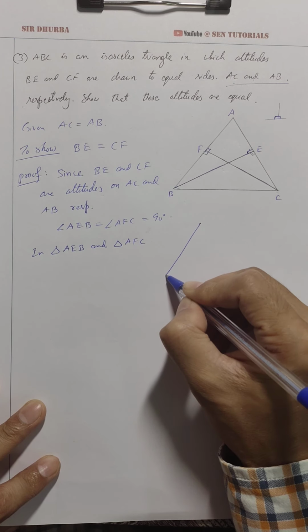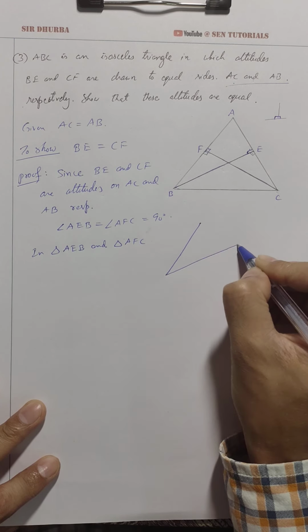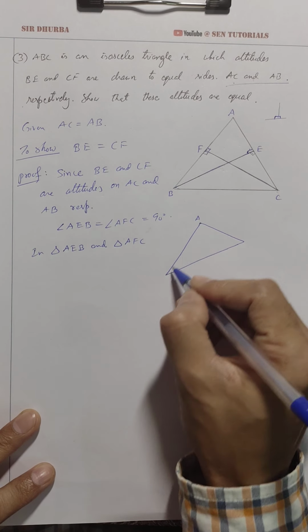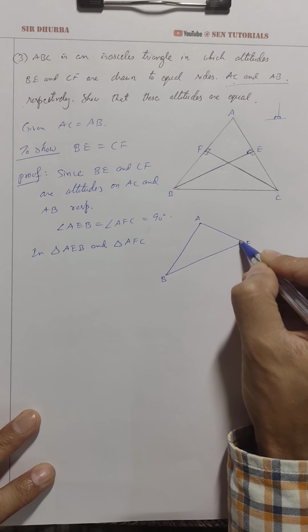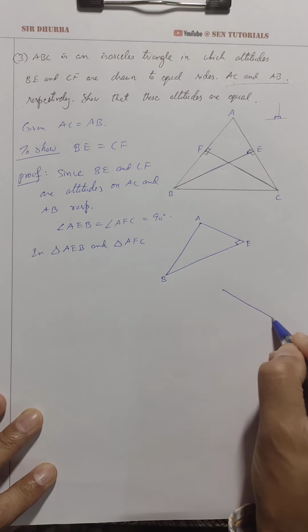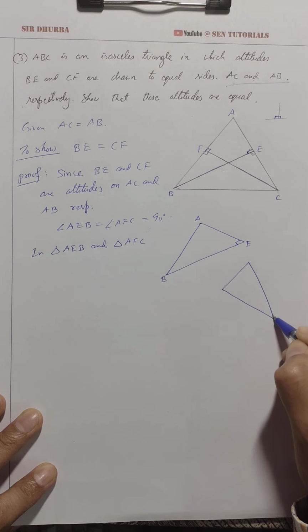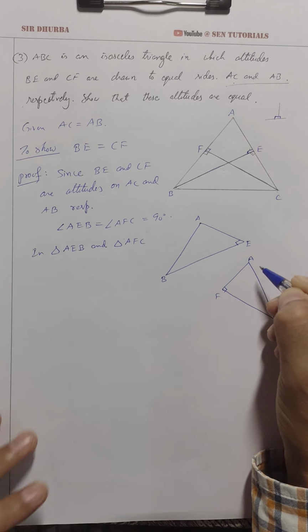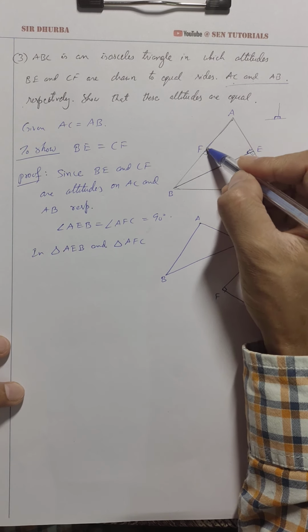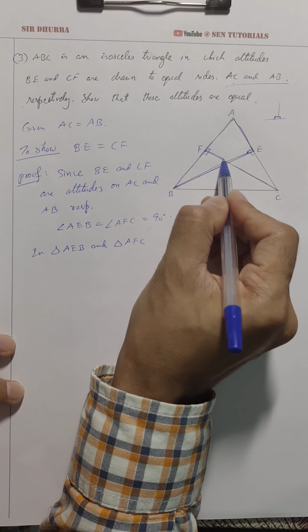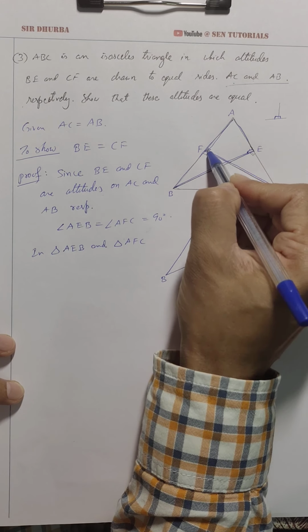So this triangle AEB, with the right angle at E, and the other one is like this, CFA. Now this triangle, and again this triangle.